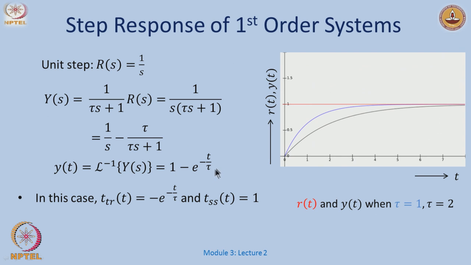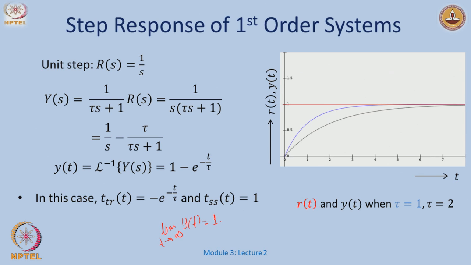This is the term which vanishes at infinity, the transient term, and this is the steady state term. At steady state what remains is only this 1, so y of t, limit t going to infinity, is 1.